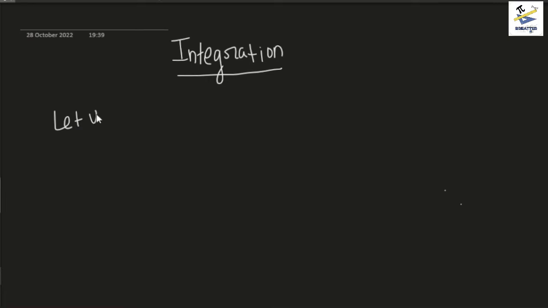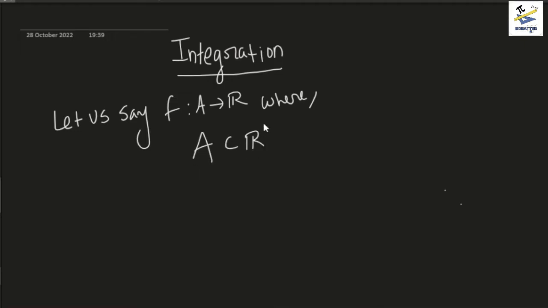Let us say f is a function from A to R, where A is a proper subset of R to the power n. Okay, so f is a function which goes from R to the power n to R basically.